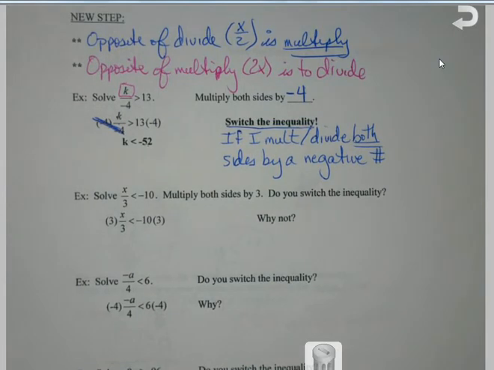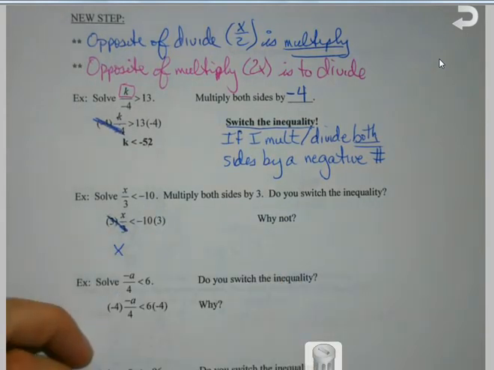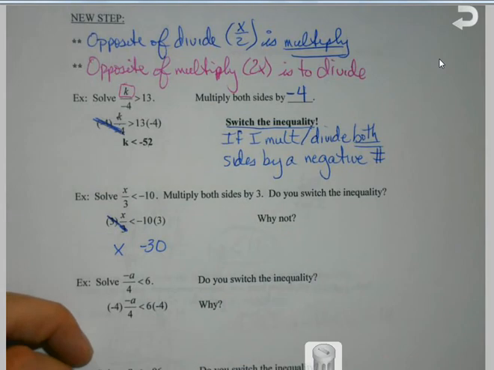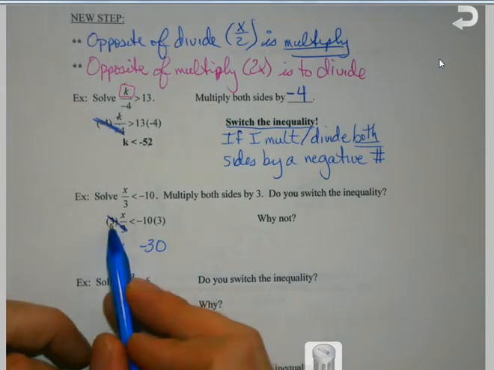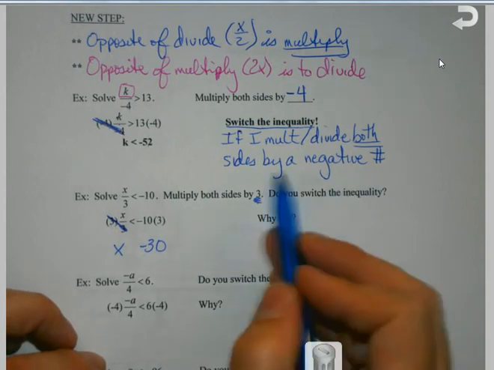So I look, okay, solve. X divided by 3 is less than negative 10. Multiply both sides by 3. Okay? We know that cancels. Do I switch the inequality? Well, I multiplied both sides, but I multiplied by positive 3. Okay?